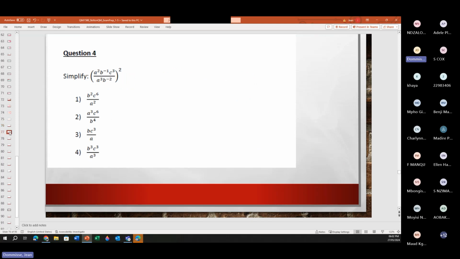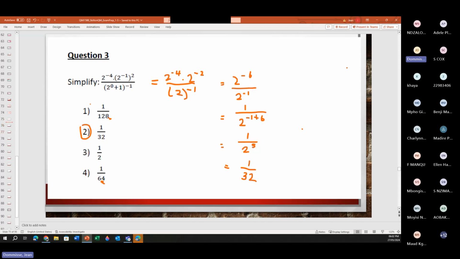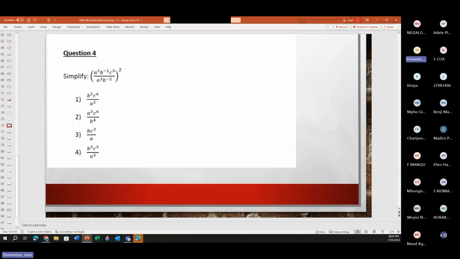Okay, I think this is the last of the simplification questions. So what I'll do first normally is I simplify within the bracket when I see something like this.